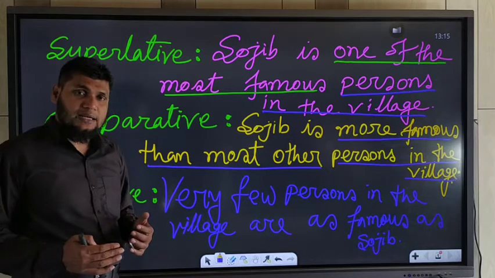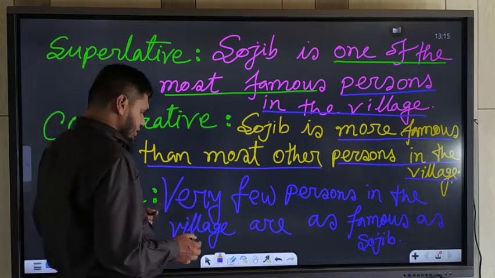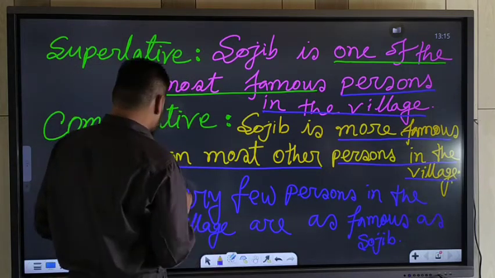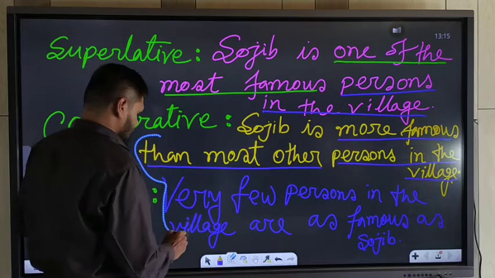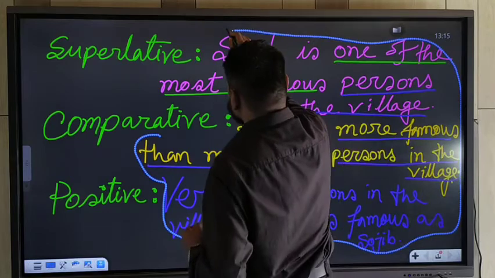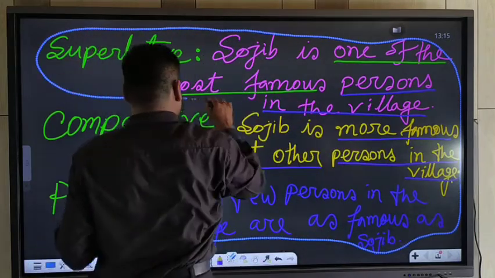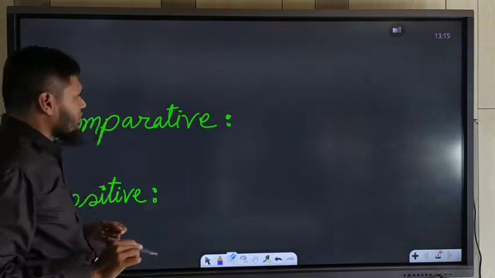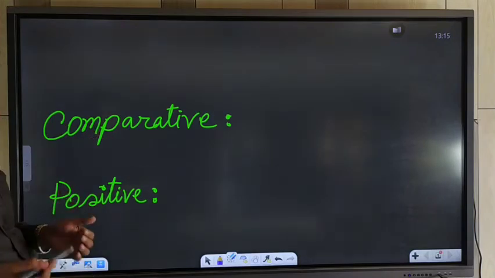So, we will practice another example using rule number 3. Comparative to positive using than.